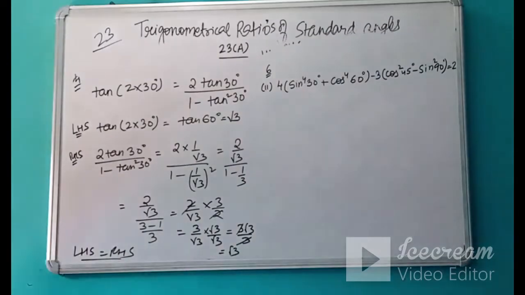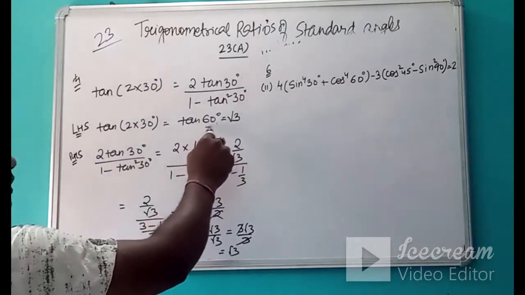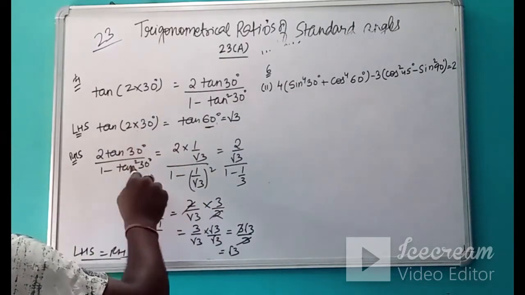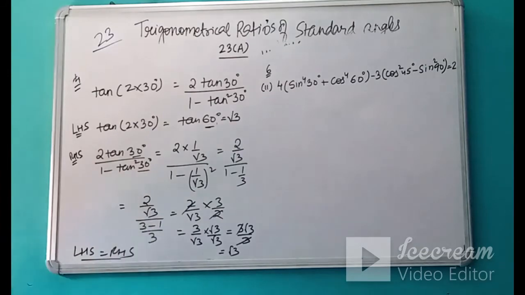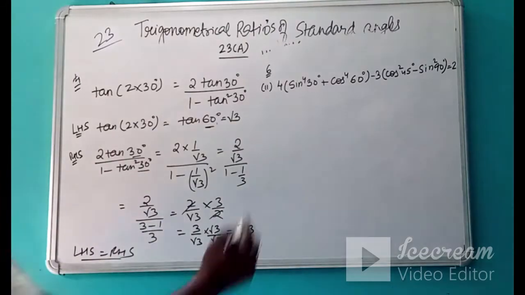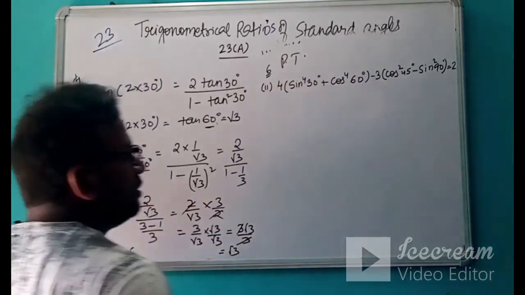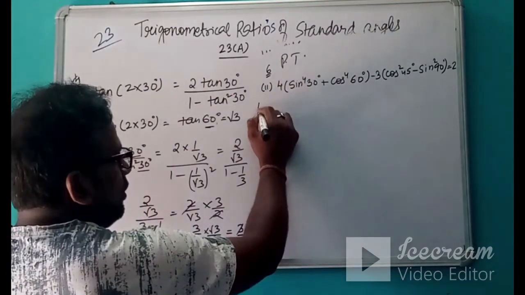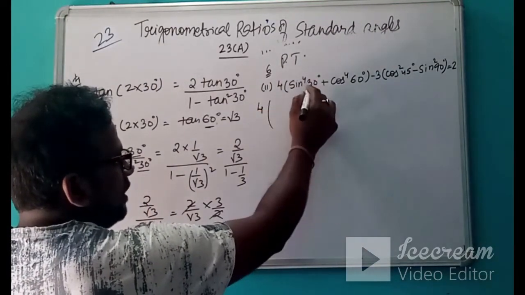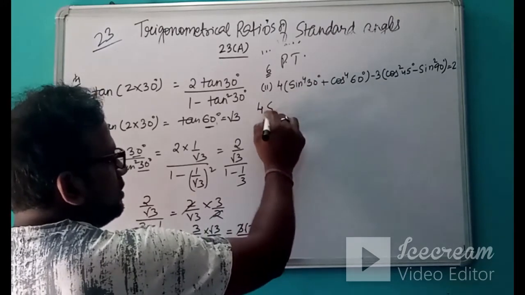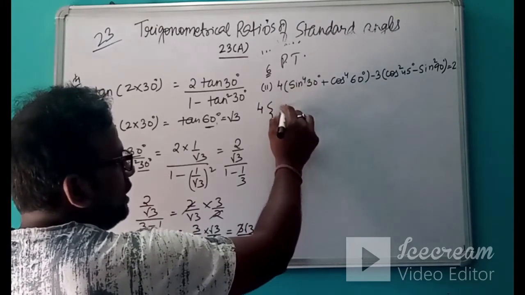Okay, so again you can see that we need to know the values of these standard angles, then only we can solve. Next is this, we have to prove that this expression is equal to 2. So again we will put the values.